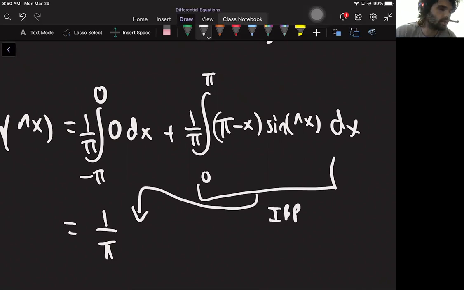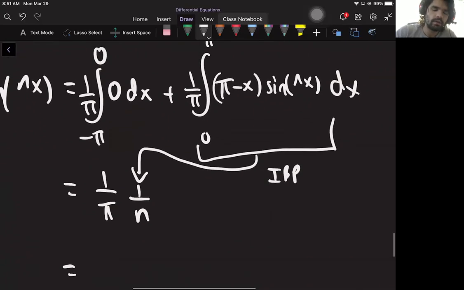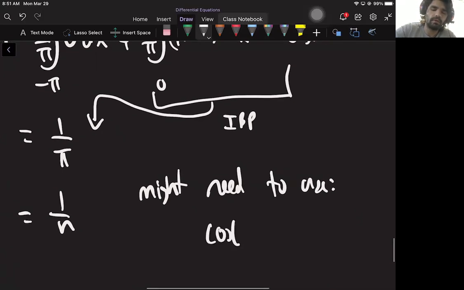If you do all the same stuff, you'll end up with 1 over n. But what's going to be a little bit different is, the end result is going to be 1 over n. So that 1 over pi will also cancel. But what you might need to use is the following. You might get another cosine of n pi equals -1 to the n.